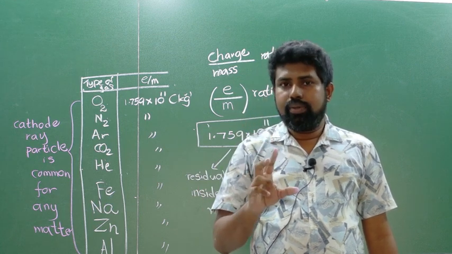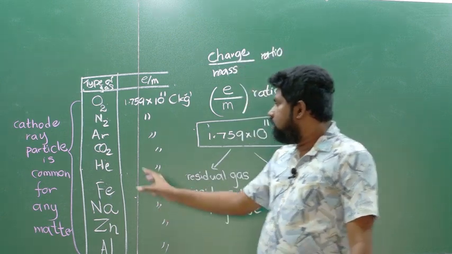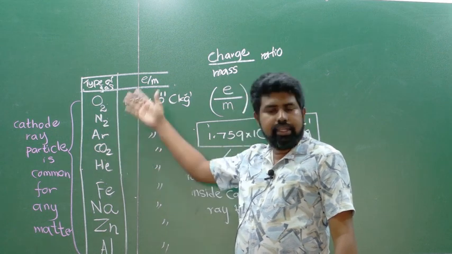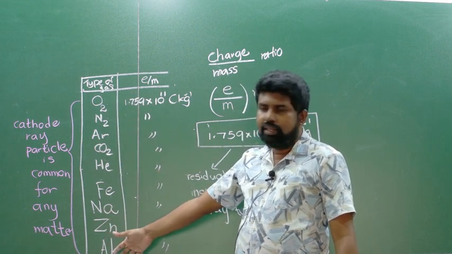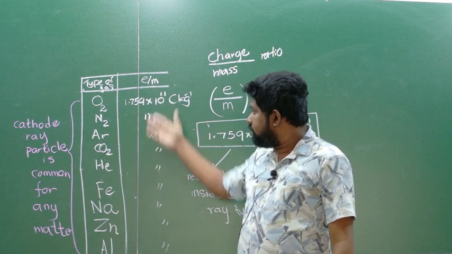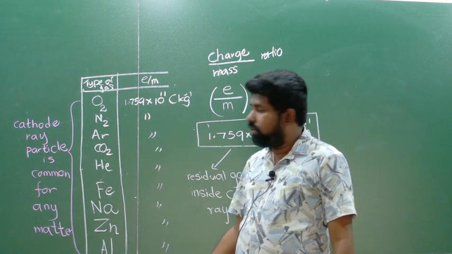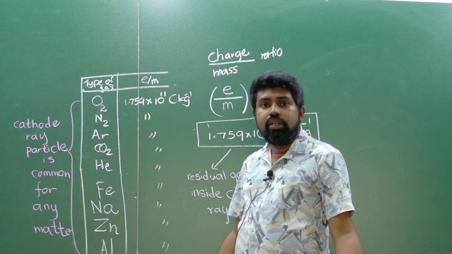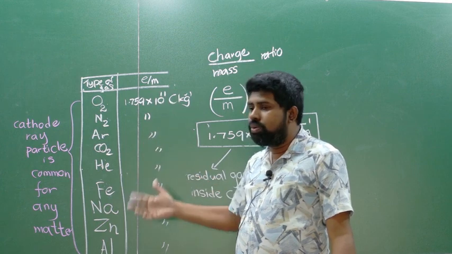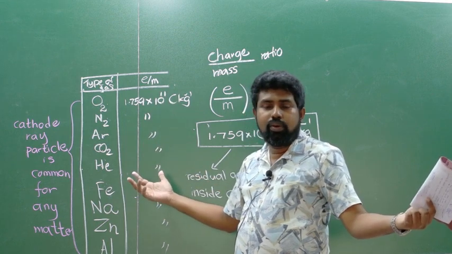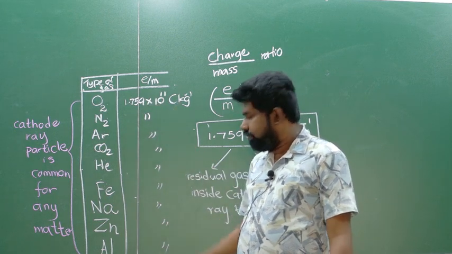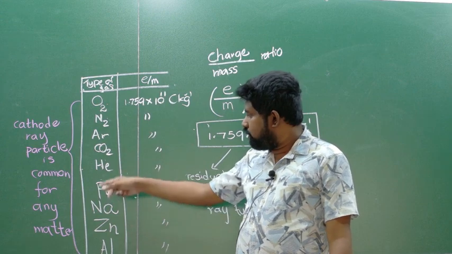Like that, the cathode ray particle is common for any type of matter, any element. That's why you get the same answer, always 2 ears whether man or woman. So this is common.